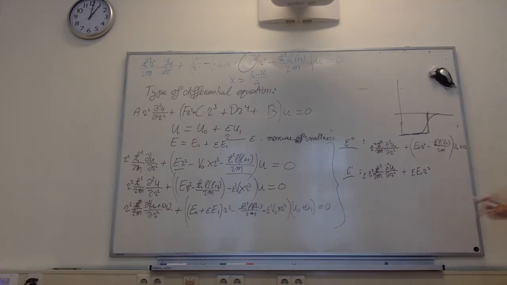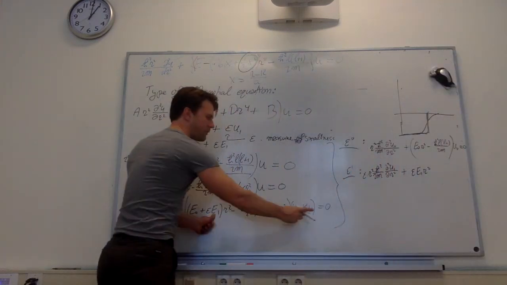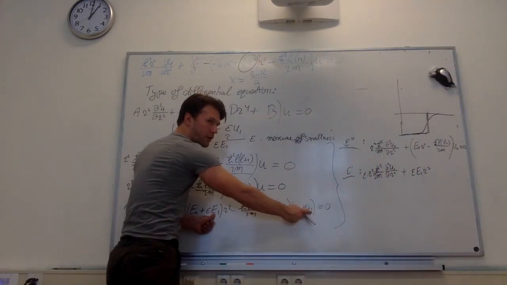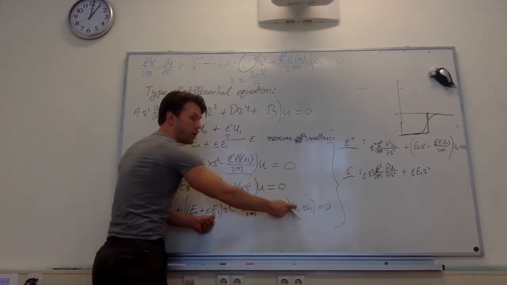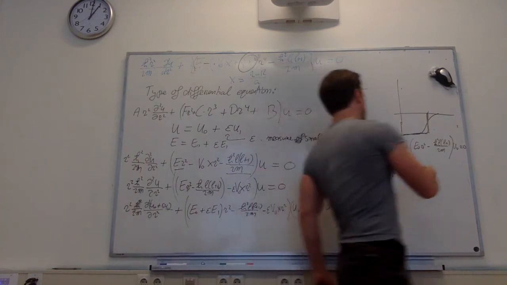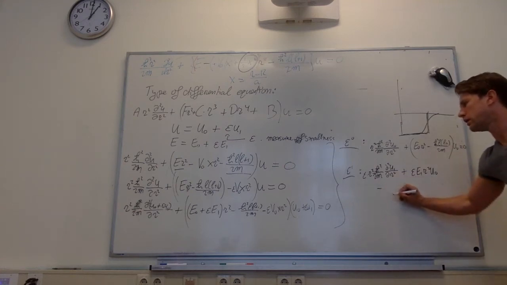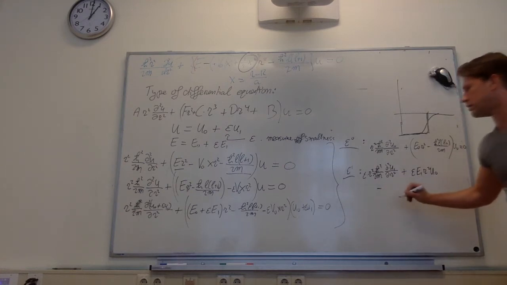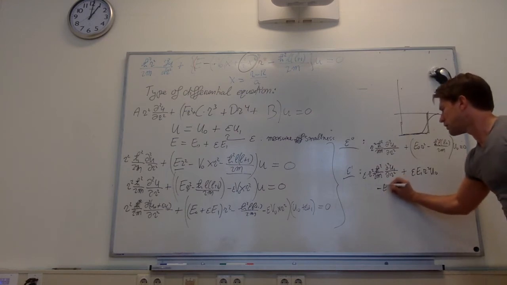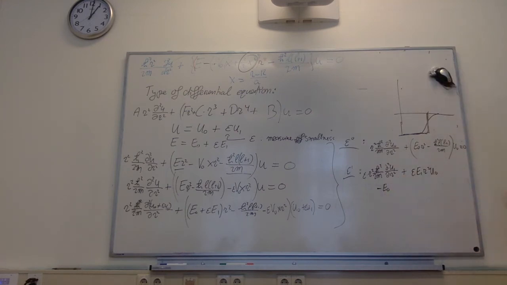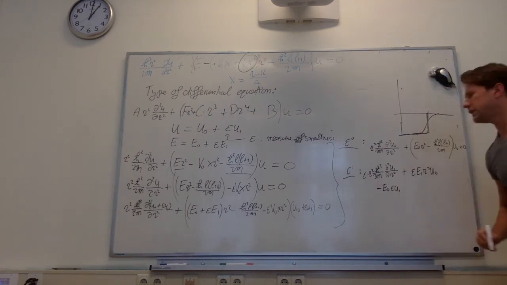Careful now, because this one is multiplied by two contributions. One of them comes with its own epsilon. In order to get only epsilon and no epsilon squares, only this one. So it's U0. What else? And E minus the V. It's also E naught r squared times epsilon u1. I agree. Do we all see this one as well?